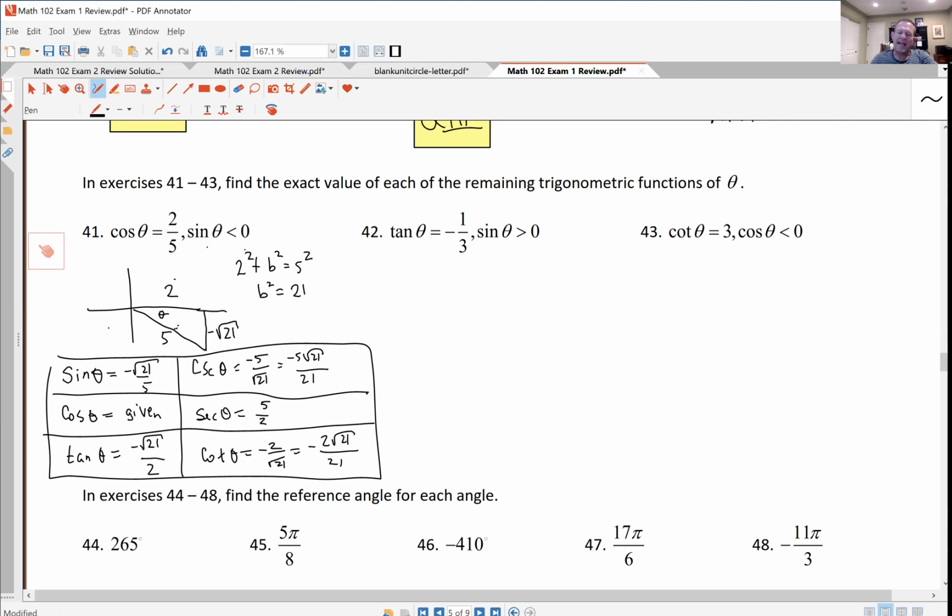All right, 42. Tangent's negative and sine's positive. So sine's positive in quadrants 1 and 2, and tangent's negative in quadrants 2 and 4. So we're in quadrant 2.